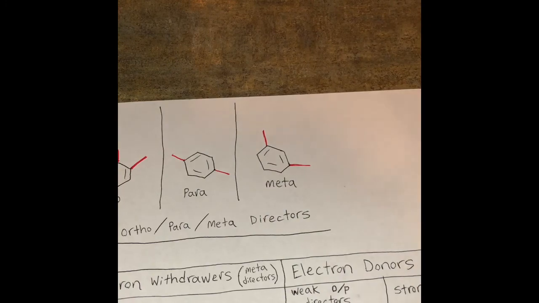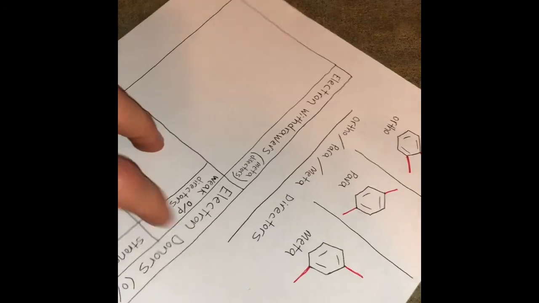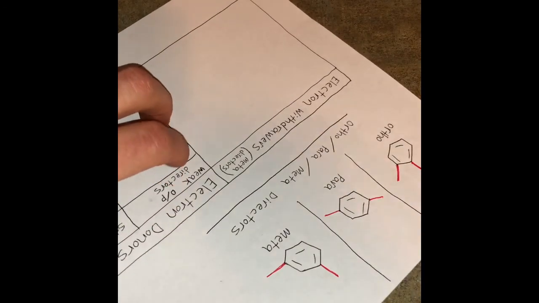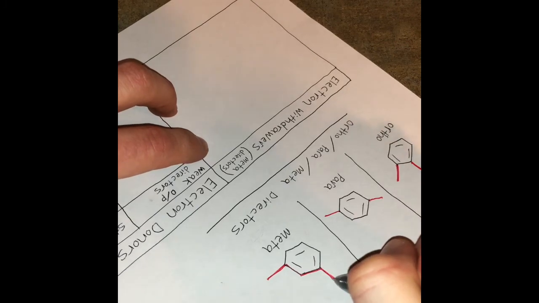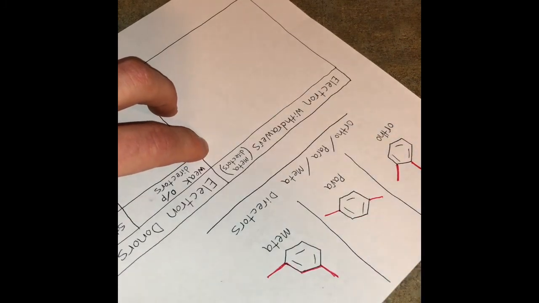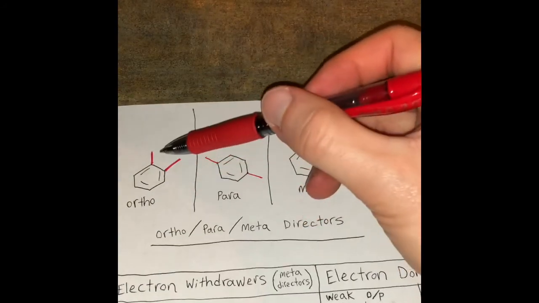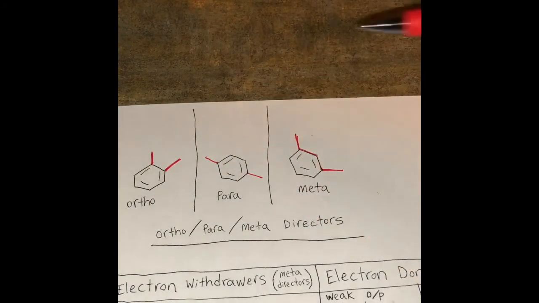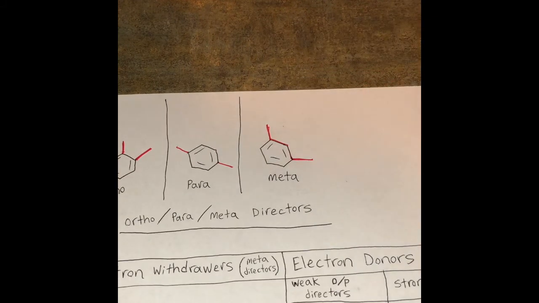Now this one is kind of easy to remember also because if we look at this here, it kind of makes an M. So we go up, down, and it makes an M for meta. So if you can remember, orthodontist is right next door to the dentist, meta makes the M, well, para is just the one that's left over.